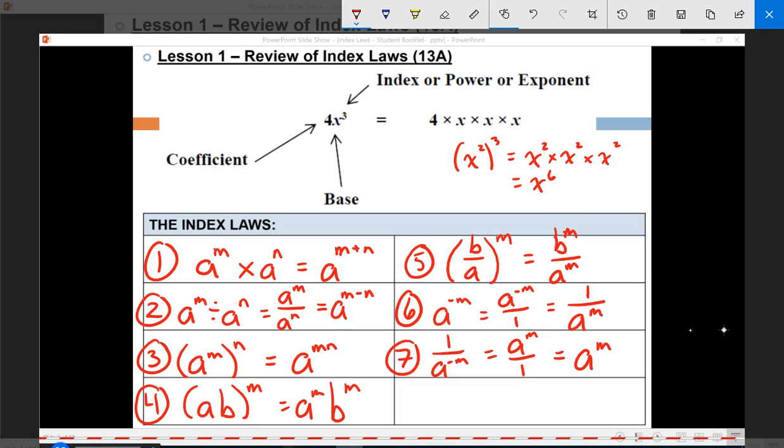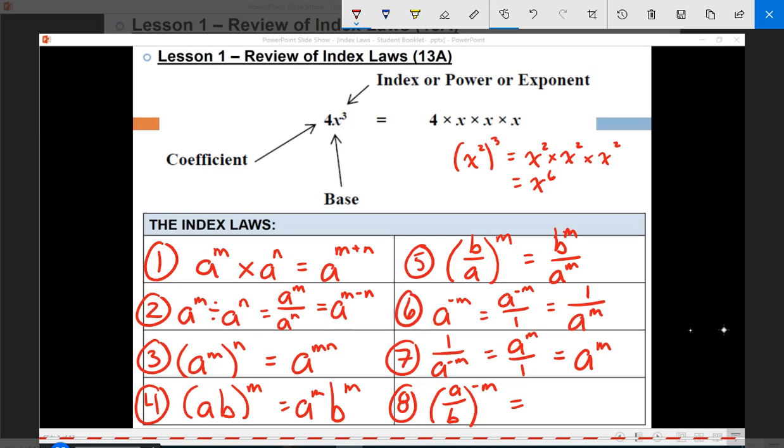Okay. And then there's the 8th index law, which is a over b. I don't know why it's a over b and not b over a, but anyway. Now guys, how can I rewrite that?